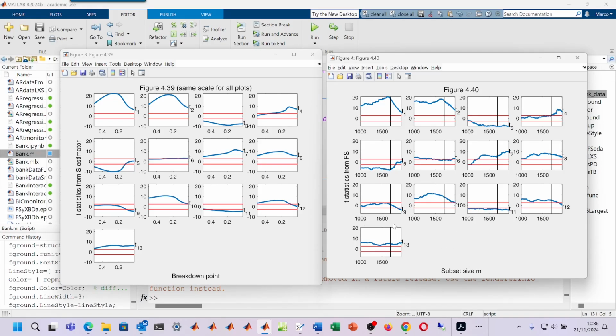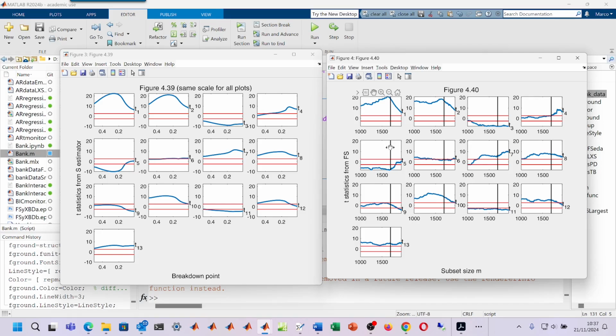Here we have also put a vertical line in black color, because this vertical line is at the point where the automatic outlier detection procedure based on the forward search starts detecting outliers.